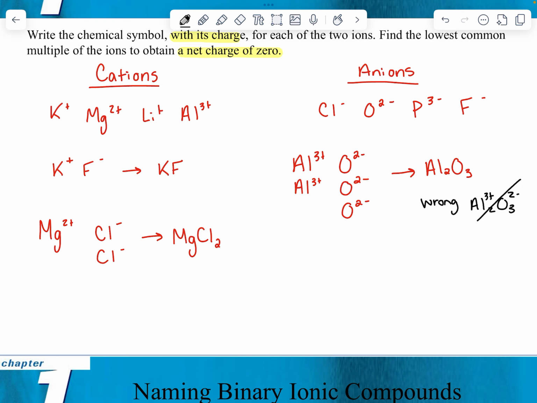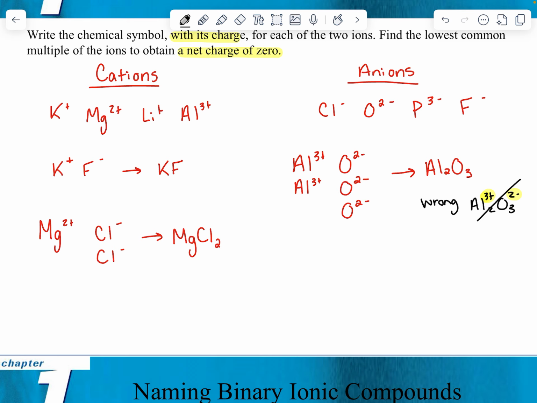Okay, so you do not want to do that. You need to erase the charges if you're going to write them on there. So usually I do that off to the side. I write down what each of their charges are, and then when I put the formula as my final answer, I do not have those charges still on the compound. Okay.